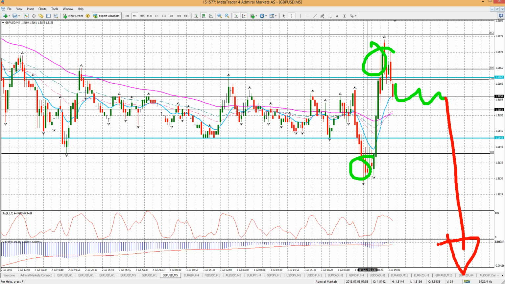So eventually the currency is going to have to choose. Normally it does choose a sustainable move. And sometimes it does make two false moves and then the continuation. Because this is a downtrend, the most likely sustainable move would be to the downside, right?